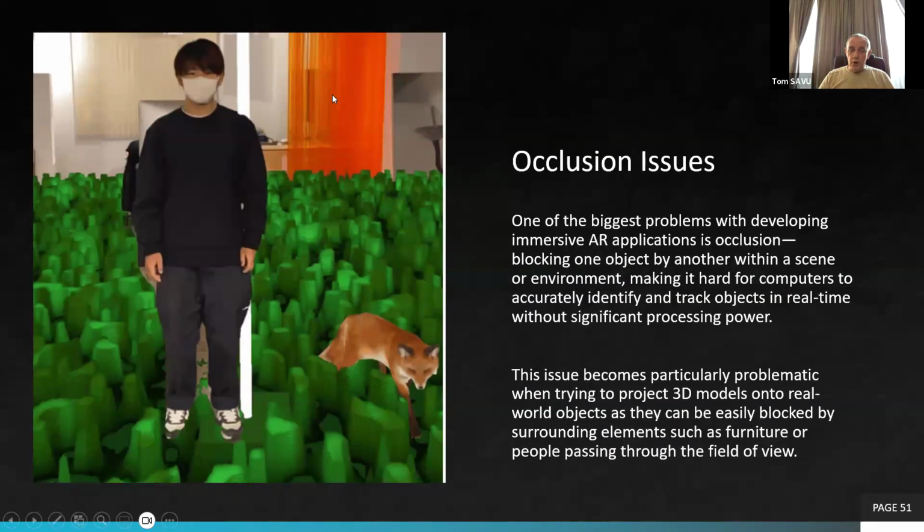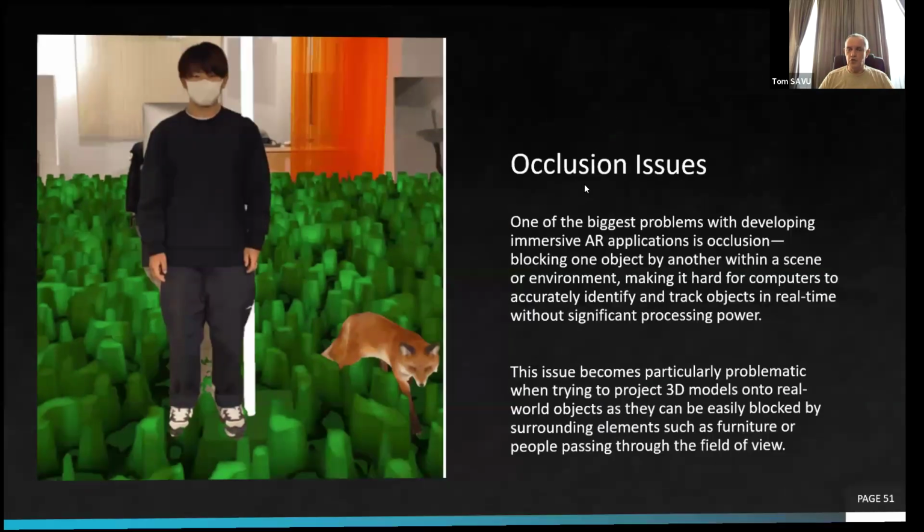Also, when processing 3D images and having to process these images in real time, it can happen that the applications are making mistakes in the order they are displaying the objects in the picture. So these are known as occlusion issues.